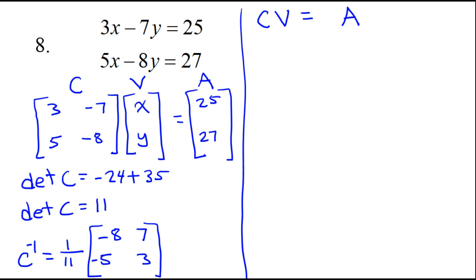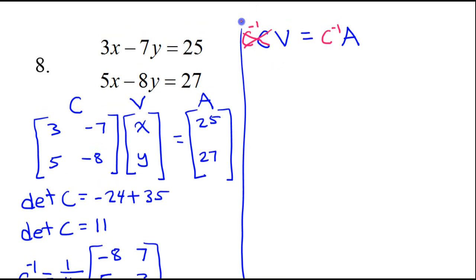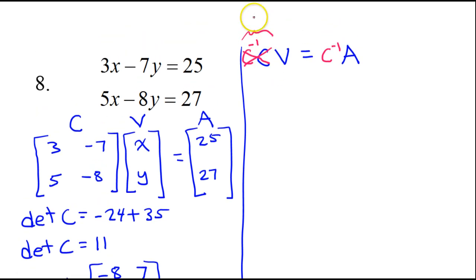Now, if we multiply on the left by C inverse, watch what happens. Okay, when you multiply the inverse of a matrix times itself, it becomes something called the identity matrix. All right, so together these make the identity matrix.